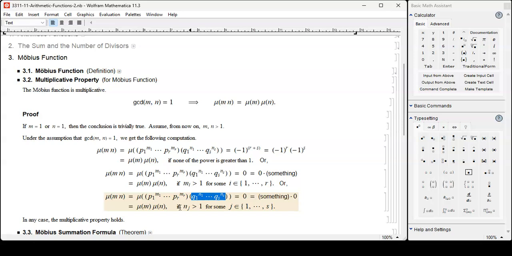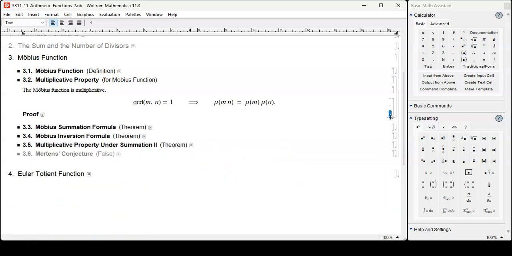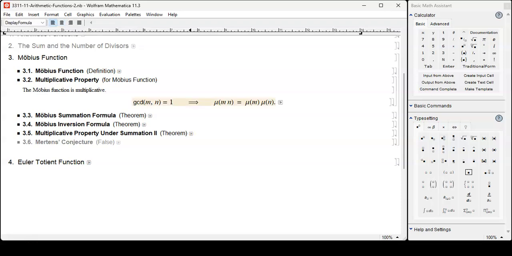And that can be written as something times 0, where mu of n is 0. So it works for all three cases. I should have said all four cases, as a matter of fact. In really trivial cases, when m is 1 or n is 1, then there's no prime factorization, just 1. But then again, in that case, we just have 1 times anything is just itself. So we get the result trivially. So in any case by case, it works out, and we have the proof.